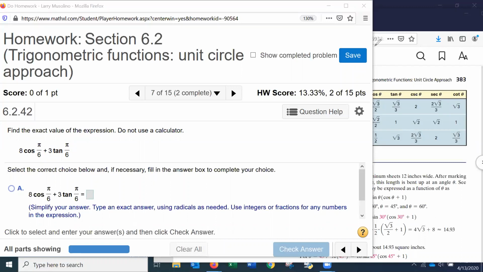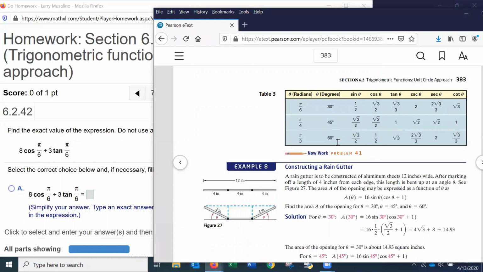So let's go to this table for a little help. The first row corresponds to the angle for pi over 6. Pi over 6 is the same as 30 degrees. And it looks like first we need the cosine, which is square root of 3 over 2. There's an 8 in front, so I'm going to write this as 8 times the square root of 3 over 2.